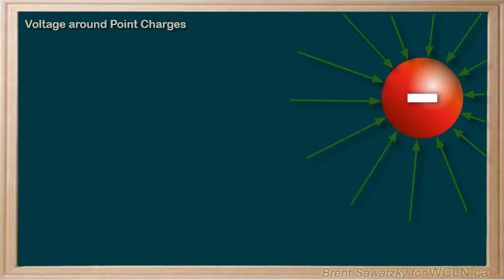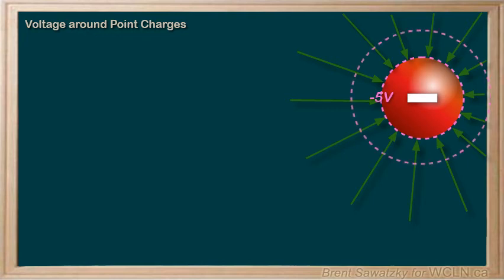For example, here's an equipotential line at minus 5 volts. It's a negative charge Q, so negative voltage. Then the second equipotential line will be, say, negative 4 volts. And then where would the negative 3 volt equipotential line be? Well, if you're thinking that it should be equally spaced, maybe here, then you'd be wrong. Remember that voltage is inversely proportional to the distance.